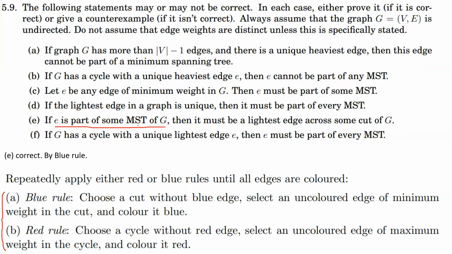So if it is an MST, then you can obtain it by repeating these two processes. And in order to color it blue, it must be the minimum weight edge of some cut. So if E is part of some MST, then it must be the lightest edge across some cut.